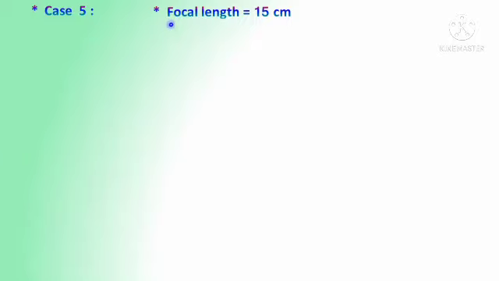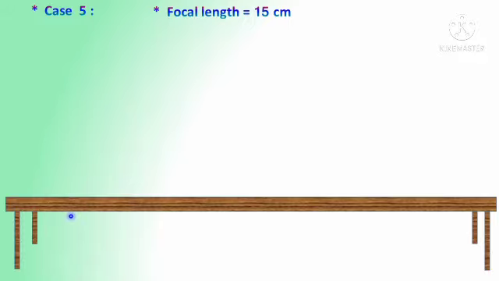Case 5. As before, focal length of the lens is 15 centimeters. Now arrange the table. Put the V stand in the middle of the table and arrange the convex lens.